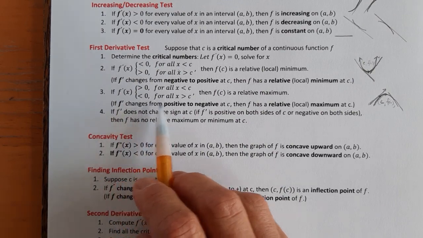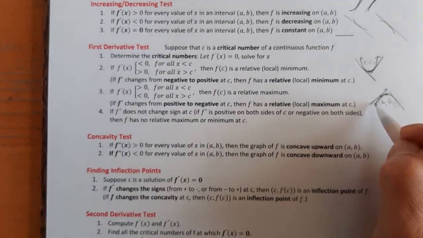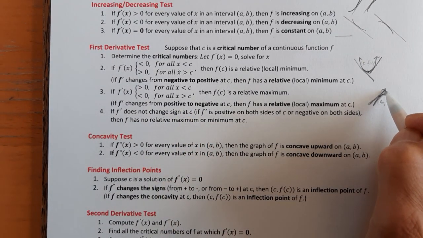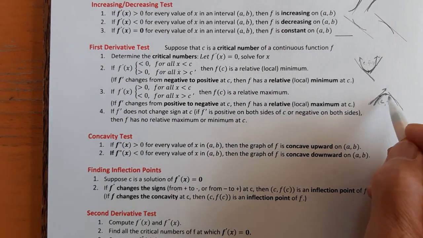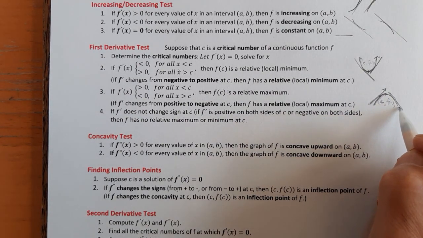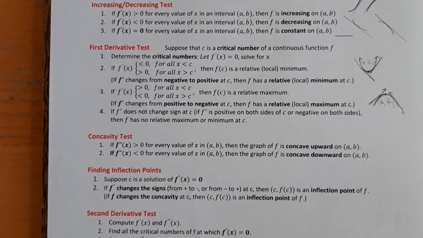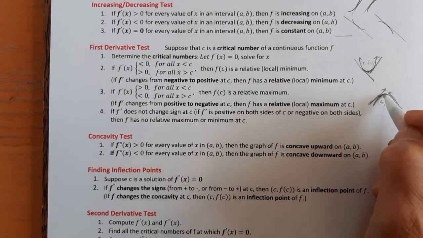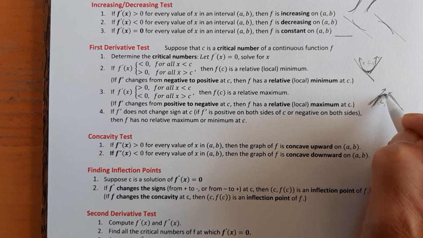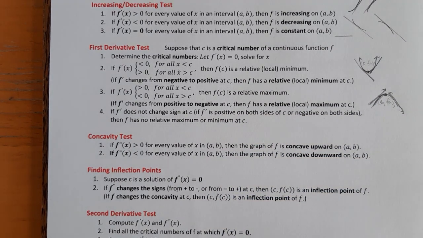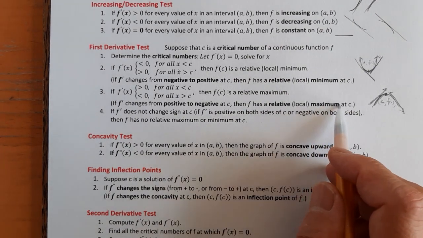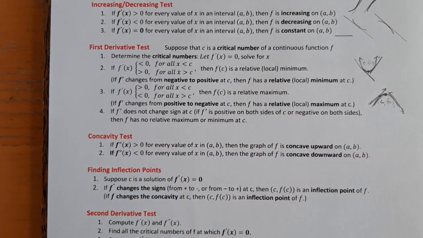The tangent line goes from rising up, positive slope, to falling down to the right, negative slope. For the original function, the curve changes from increasing to decreasing. And this critical number is a relative maximum, also called local maximum at c.